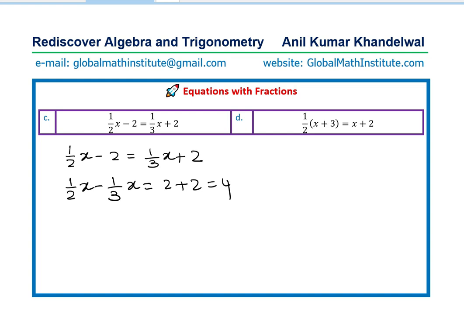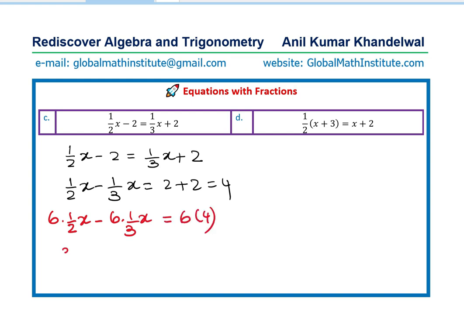Now you can see that the common denominator is 6, right? So now we can multiply every term by 6. So we can do 6 times half of x minus 6 times 1/3 of x, which is equal to 6 times 4.